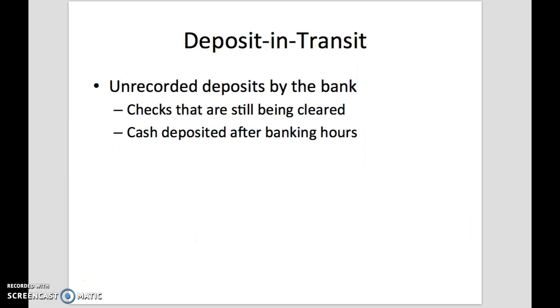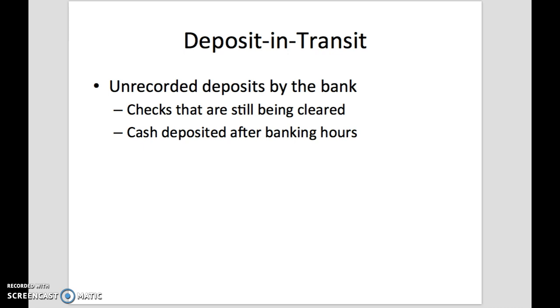Now, deposits in transit are the unrecorded deposits by the bank. One example would be the check that is still being cleared, as I showed you earlier, and cash deposited after banking hours. You might be thinking, how could you deposit cash after banking hours if the branch is closed? Well, that can happen if you go to machines that accept cash.